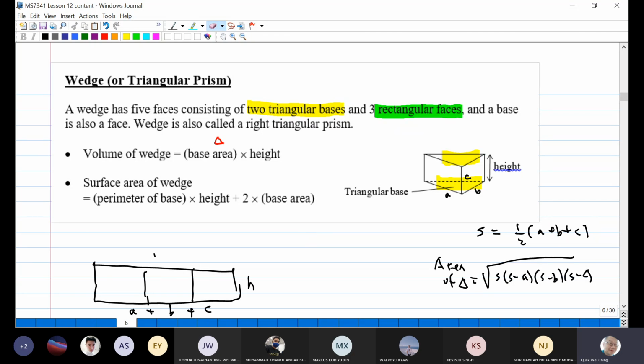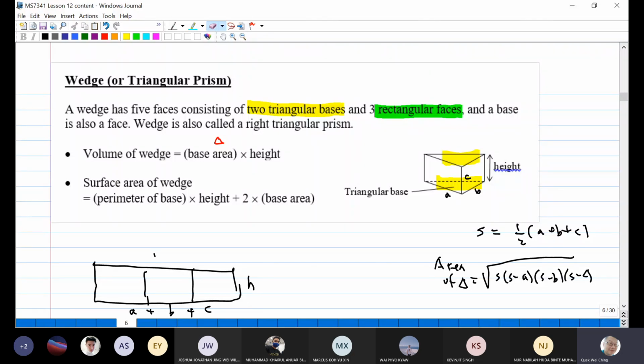There are 2 triangle faces, one at the top and one at the bottom, so there's a triangle base, and 3 rectangular vertical faces. You can see 2 in front and 1 at the back.